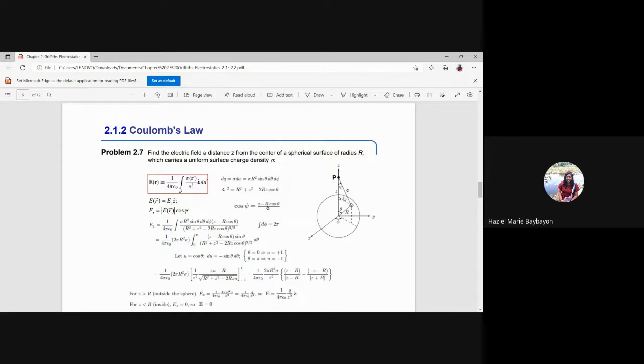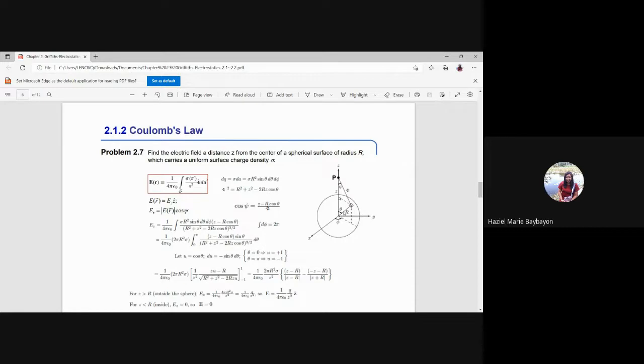So we can get this by the cosine law. If you still remember the cosine law, you have a squared plus b squared minus 2ab cosine theta. So you have here r squared plus z squared minus 2rz cosine theta.